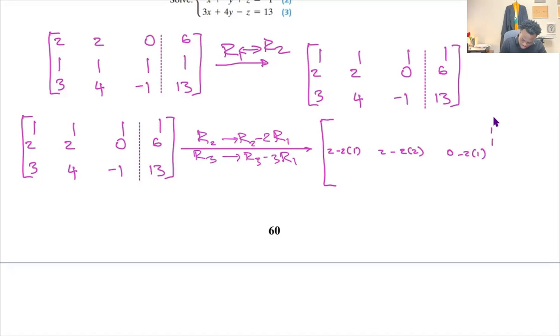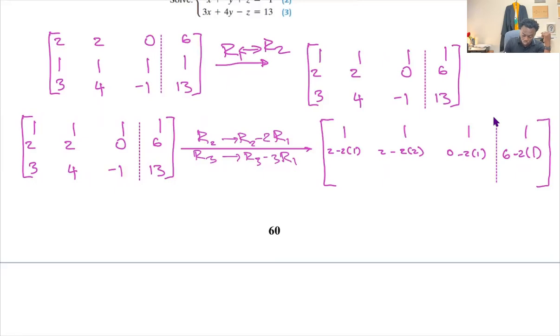And then the dotted line, and then that is 6 minus 2 times 1, right? Okay. Now, let's put the first line, that's all ones. So 1, 1, 1, 1. And the third row will receive this combination.